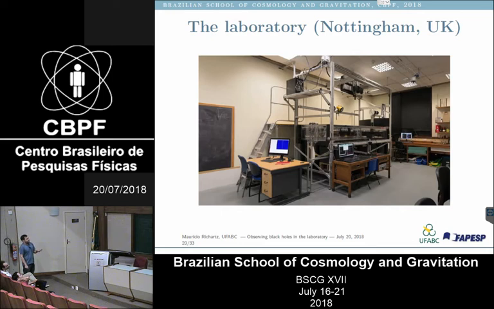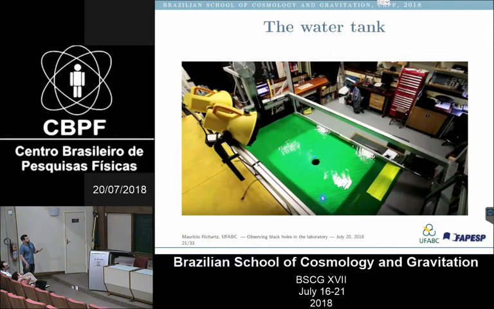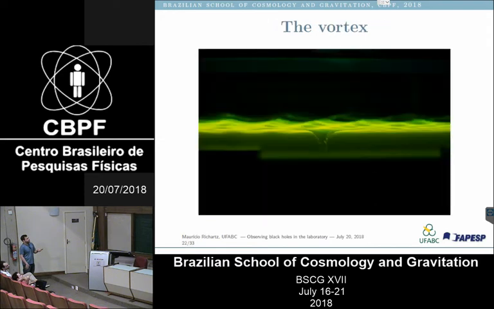Here is a picture from the side so that you can see the detectors on top. And here's a picture where you can see the waves propagating on the surface and the vortex there. What the detector is doing is measuring the height of the flow as a function of time.